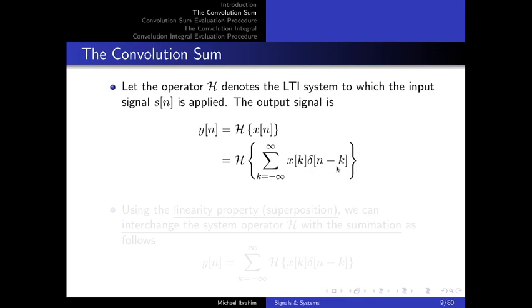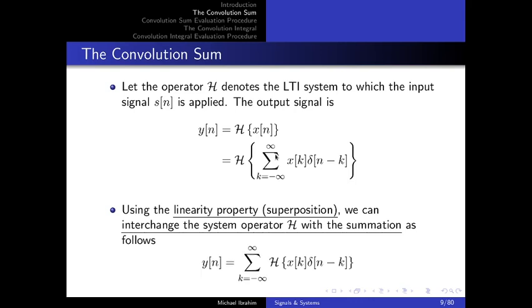But as we have seen in the linearity property, the linear system acting on a summation of elements is equivalent to the system h acting on each individual component and then adding the results. So basically we can exchange the summation and the operator h. We can move the summation outside and h inside, and now we have the summation of h of x of k times delta of n minus k.